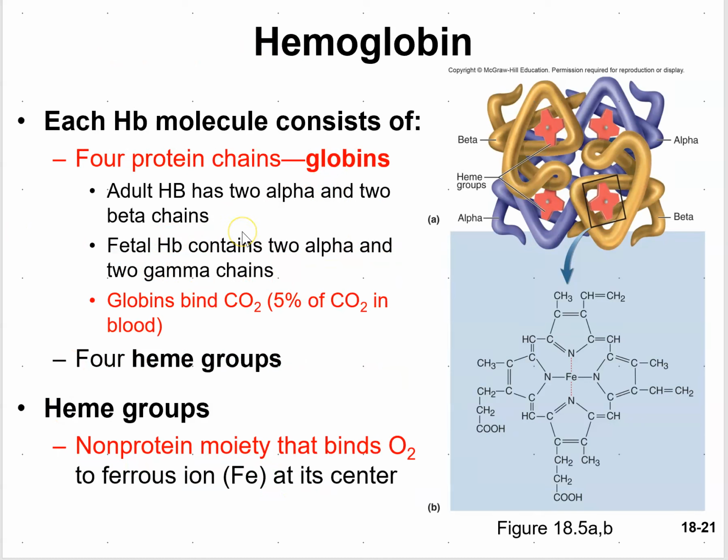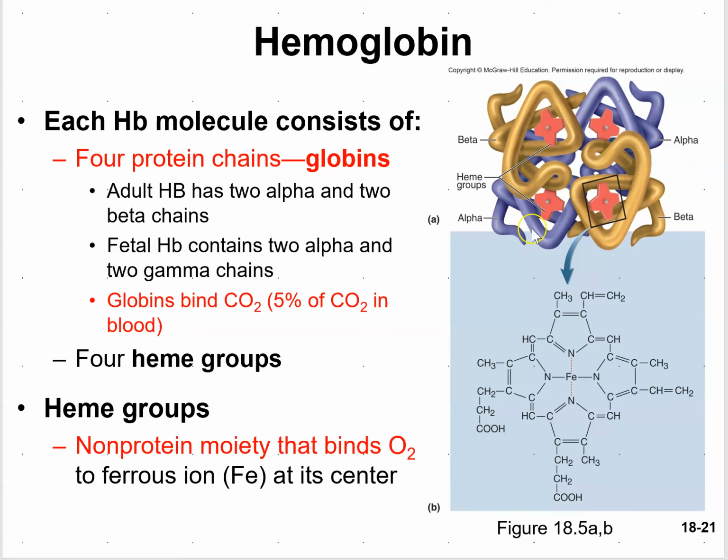Each red blood cell contains hemoglobin. Hemoglobin is the protein responsible for carrying gases in the bloodstream. Each hemoglobin molecule contains 4 globin proteins, and these over here are globin proteins, containing alpha and beta chains. This is beta chain 1, beta chain 2, alpha chain 1, and alpha chain 2.